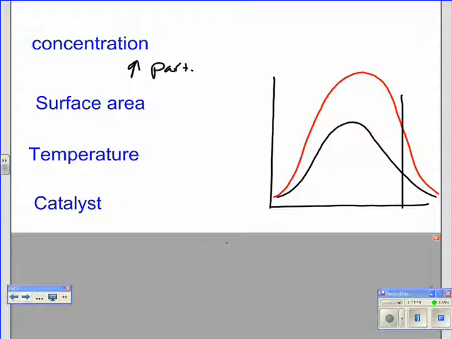So we've got more particles under the curve here that have enough energy. So just by having more stuff there, we should be able to make our reaction go faster.